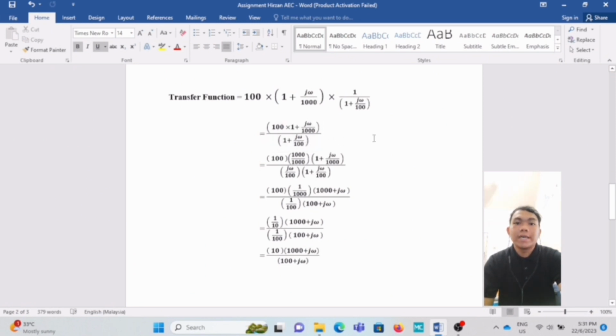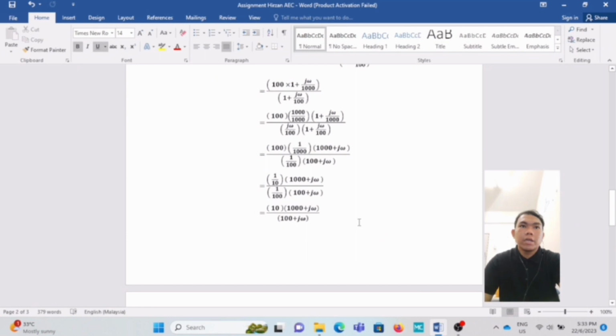j omega over 100), and then equals 100 multiplied by (1000 plus j omega) over 1000, over (100 plus j omega) over 100. Then equals 100 multiplied by 1 over 1000 multiplied by (1000 plus j omega), over 1 over 100 multiplied by (100 plus j omega).